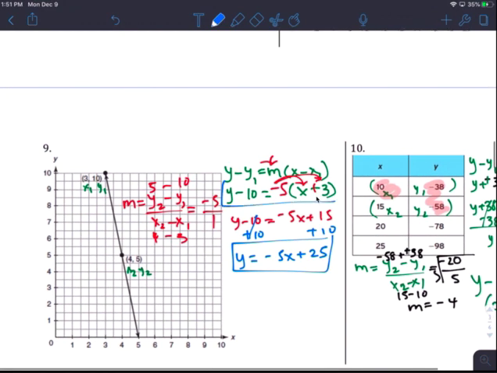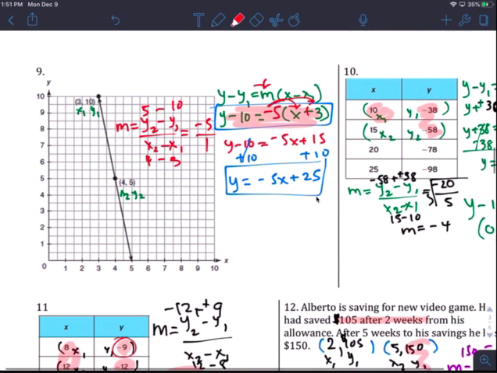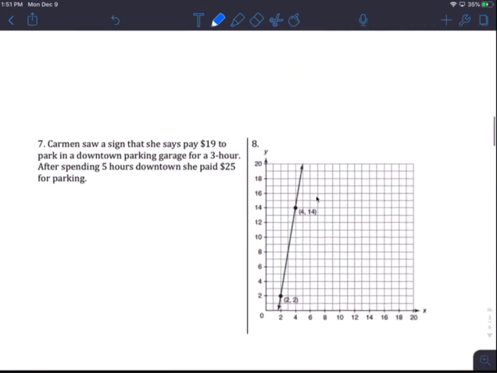This is called point slope. Tomorrow's test, you need to know which one is which. This one here is called point slope. The other one is called slope-intercept form. Y-intercept is. Okay, and this one here.